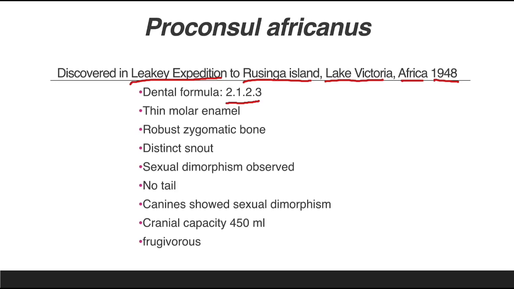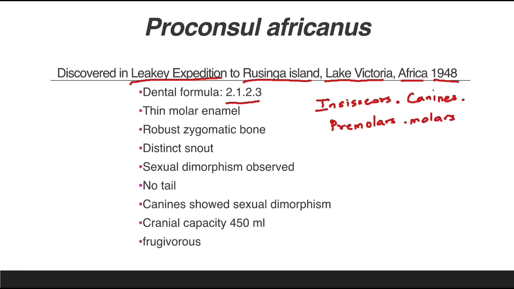If you have not, we just write it as a number point, where each dot is a separation: incisors, dot, canines, dot, premolars, dot, molars.